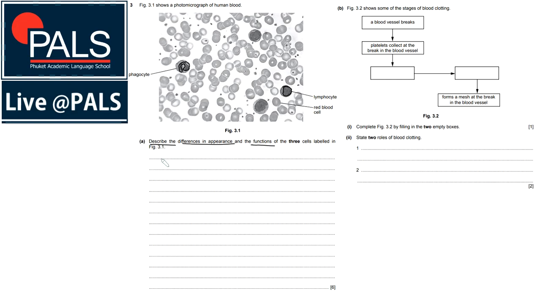So the three cells, we already mentioned, so we have the red blood cell. The red blood cell, in terms of its shape, has a biconcave shape. From the side, it's like dented in, has two caves like a lens, biconcave. As well, it has no nucleus to make more space for hemoglobin.